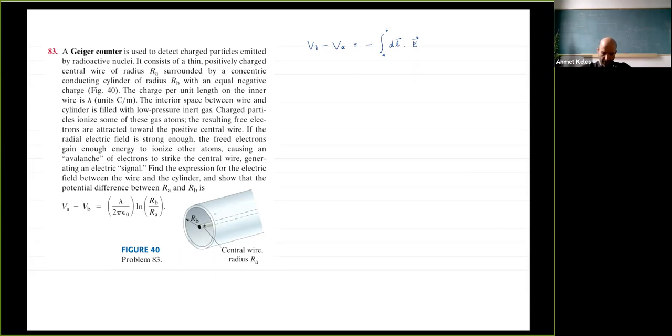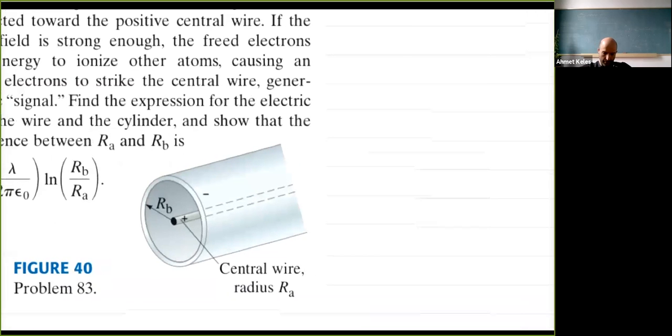How do I find the electric field? All I want is VA and VB between these two points, so the electric field integral will be along this line. So I only need the electric field here. How do I find this?